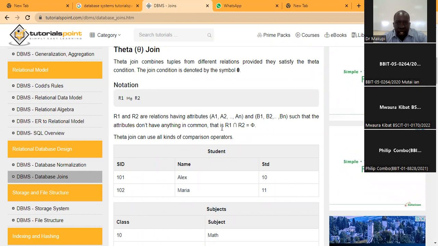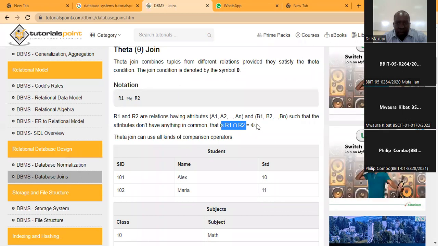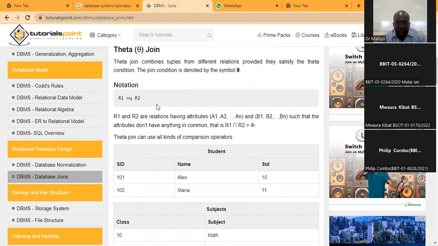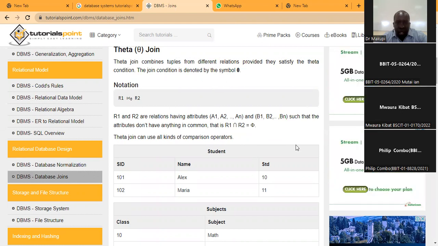That is, you talk about a combination of R1 and R2, and there is no relationship. Can you see how it has been represented? That is combining R1 and R2, and there is no relationship. Then it means that is a theta join. Any attribute, so that each of these columns is independent.